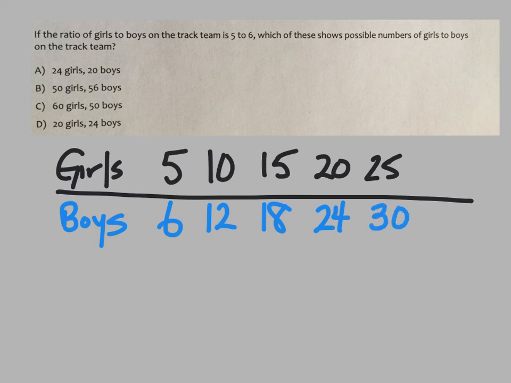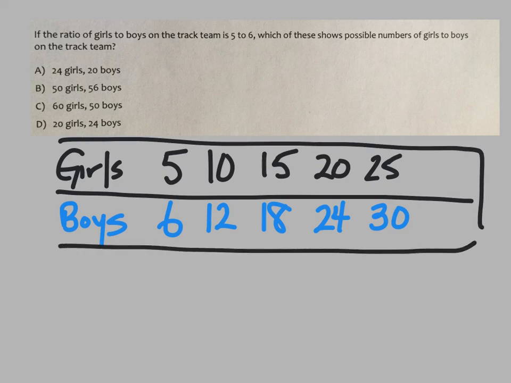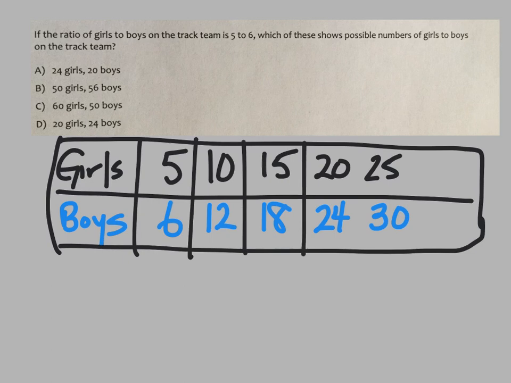Now I'm going to stop here for a moment just to see what kind of progress we're making. See if our table might help us to choose an answer choice. So answer choice A says when I have 24 girls, I'll have 20 boys. Well, if the girls are increasing by multiples of 5, 5, 10, 15, 20, 25, 30, and so on, am I ever going to have 24 girls?